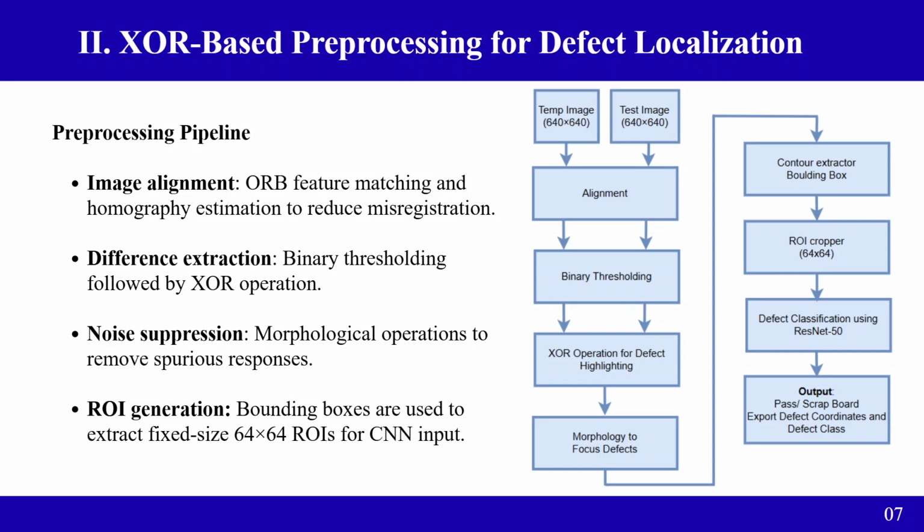Then we apply binary thresholding to both images and compute an XOR difference map to highlight mismatch regions. Right after that, we use morphological operations to reduce noise and extract connected regions to generate bounding boxes. And each box is cropped into a fixed 64 by 64 ROI for CNN input.